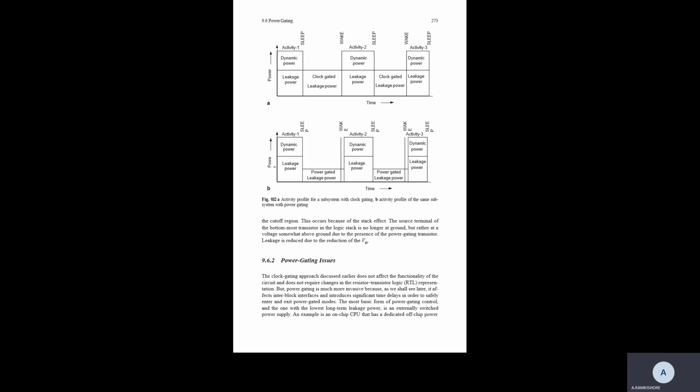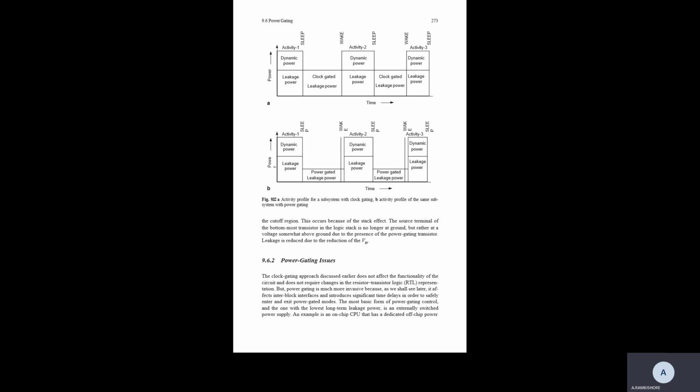So power gating reduces leakage by reducing the gate to source voltage, which in turn drives the logic transistors deeper into the cutoff region. This occurs because of the stack effect.